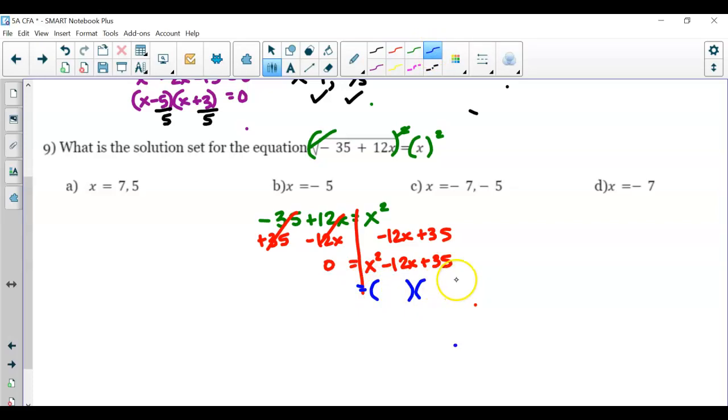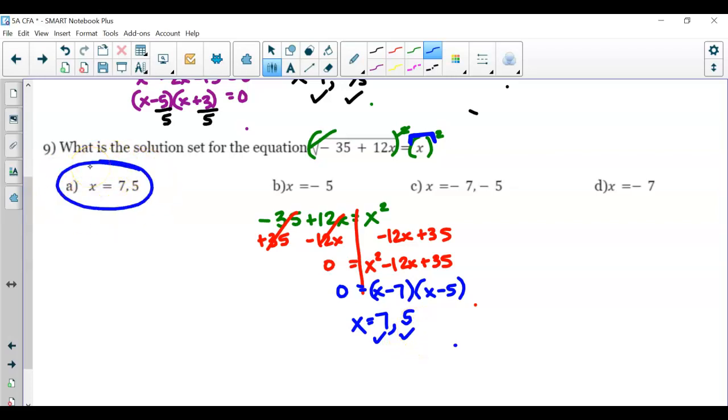So what numbers multiply to get 35 and add to get negative 12? Negative 7 and negative 5. But remember, because you're solving, this is equal to 7 and 5. And then here, x was by itself, so can x be positive 7? Yes. Can x be positive 5? Yes. So here you end up with A.